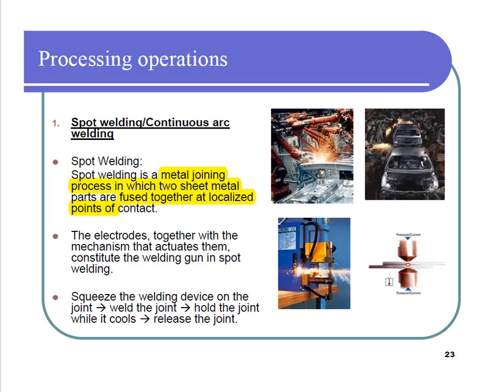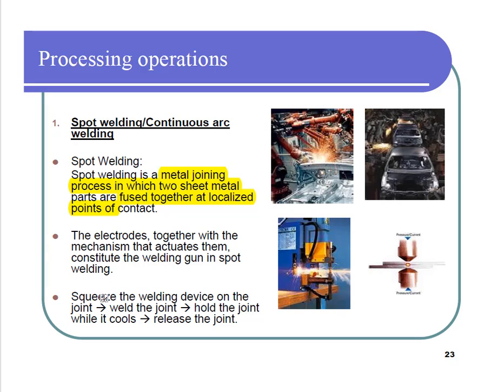This is a spot welding. You see there, the robot arm is welding at the specific spot, and then they will combine two sheets of metal part.